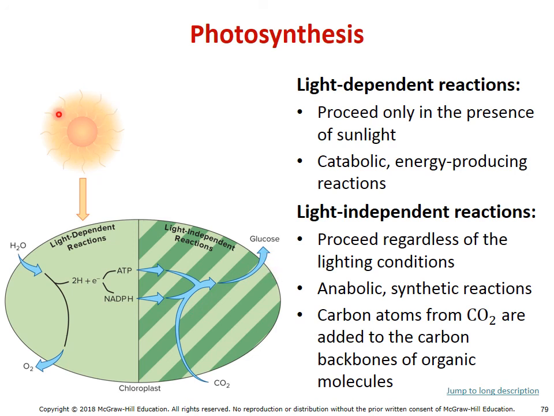Notice that plants need solar energy and water, and produce ATP and NADPH that can later be used to convert CO2 into sugar. So plants need sunlight, water, and CO2, and produce waste like oxygen and glucose.